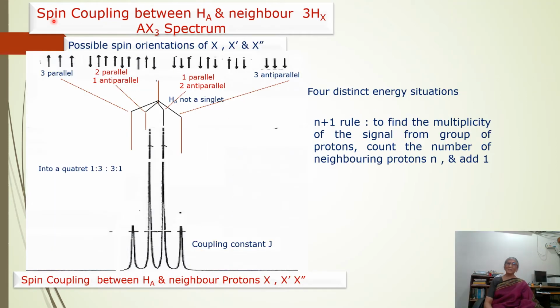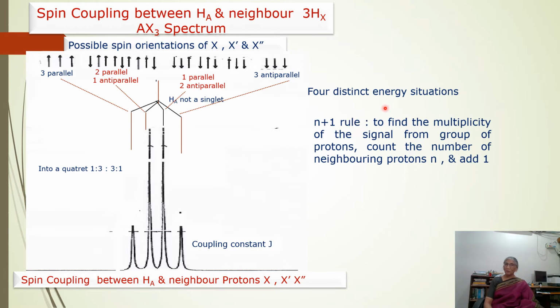I also discussed the spin coupling between proton A and its neighboring 3 X protons, that is AX3 spectrum. Here the signal of proton A will show 4 peaks and the intensity of the peaks will be 1:3:3:1.